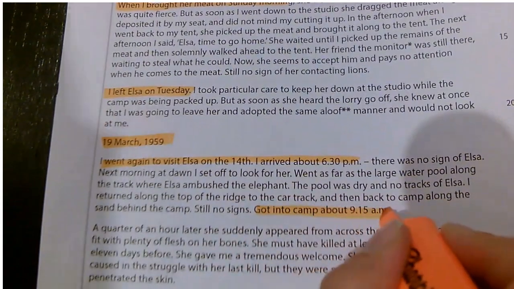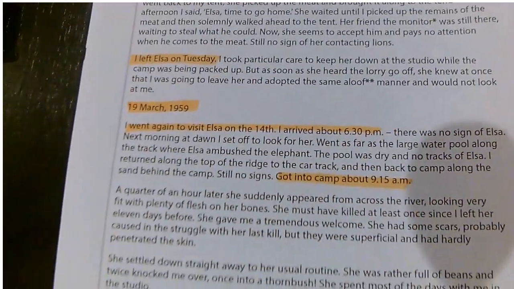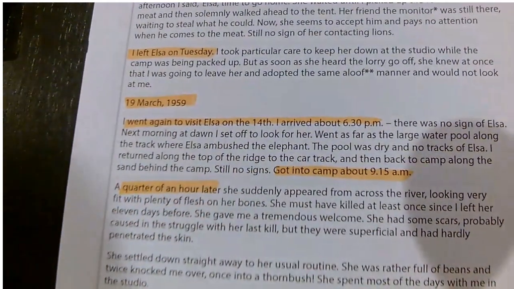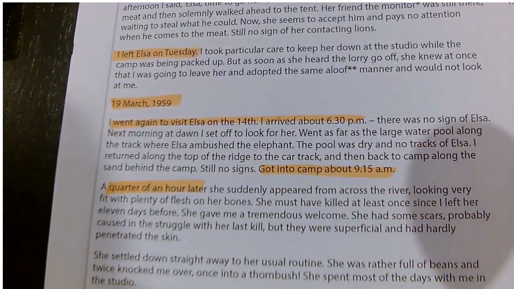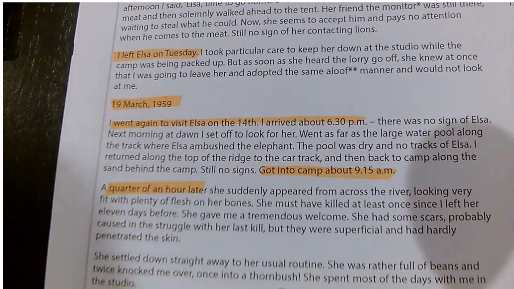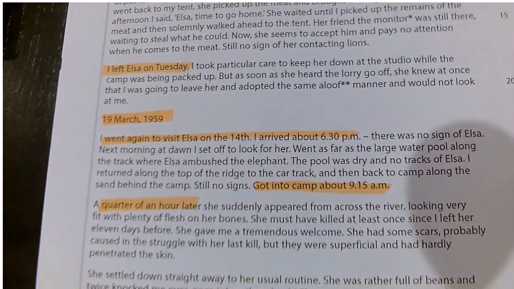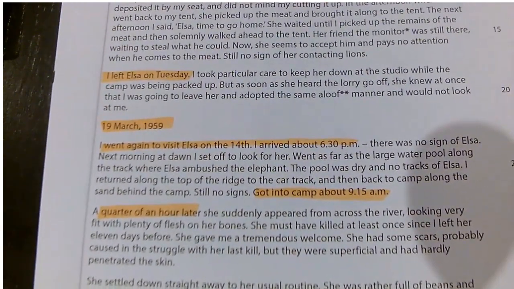"Got into camp at 9:15 a.m." We then get a quarter of an hour later. And then we still get, as we get to the bottom, "she settled down and she spent most of her days with me." So there is clearly a development of this semantic field of time used to structure the text.